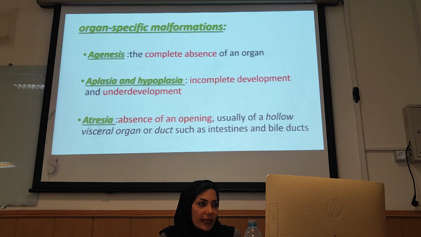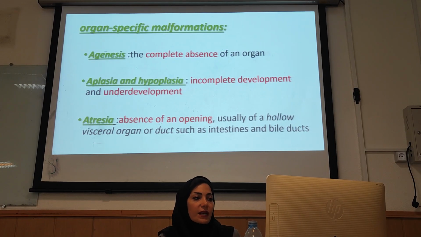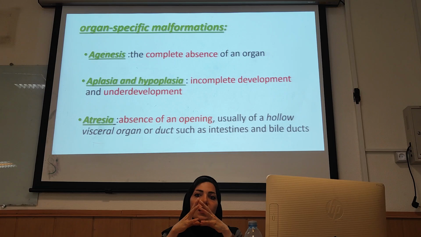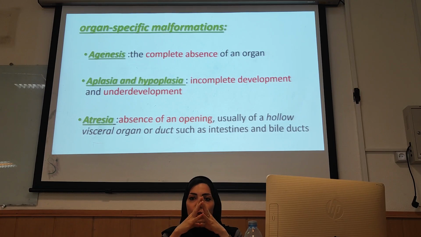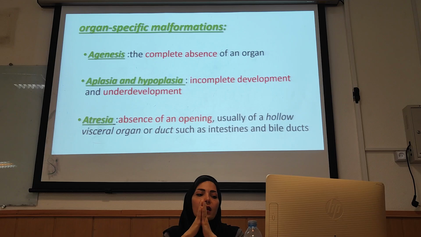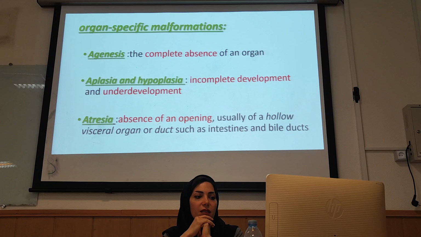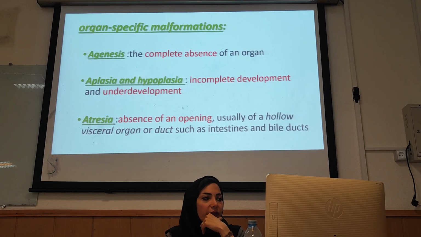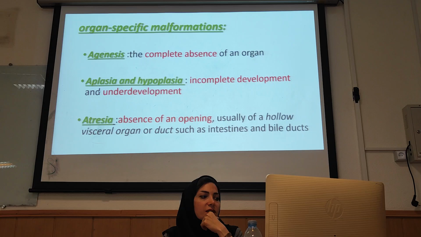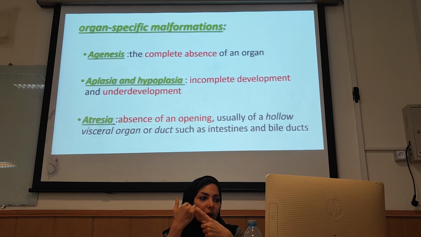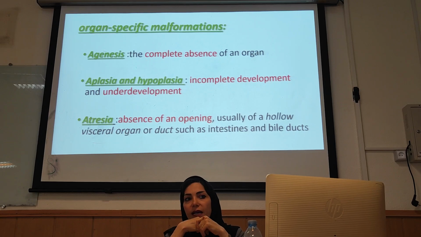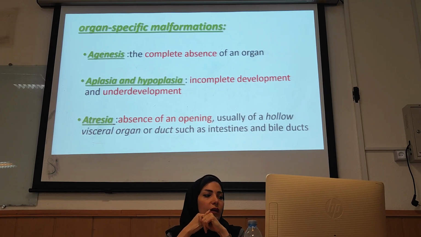But aplasia or hypoplasia means the organ is formed, but this formed organ does not grow well. Incomplete development or underdevelopment means aplasia and hypoplasia. Aplasia means the organ is formed but has not developed or has not grown enough.